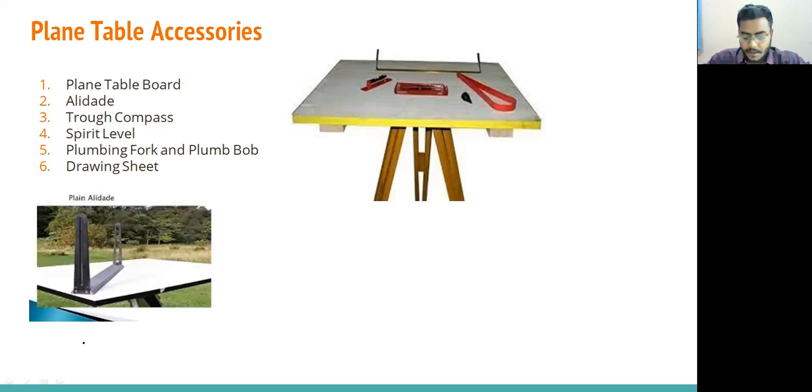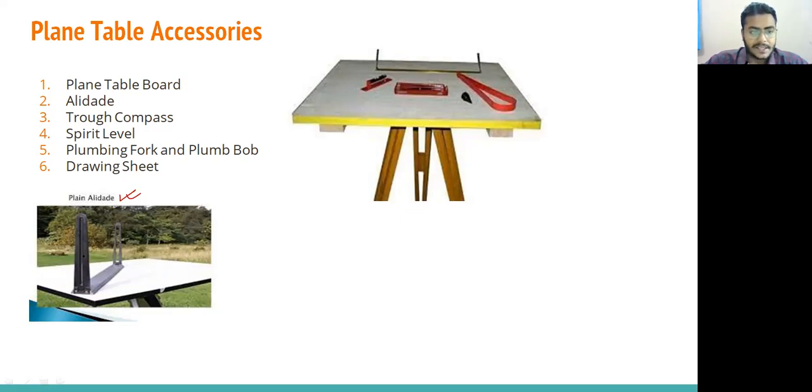Alidade is very important. We can use the alidade to sight the station. In the figure, you can see this is the alidade. Alidades are of two types. This one is called a plain alidade. In this plain alidade, there are two vanes at the ends.